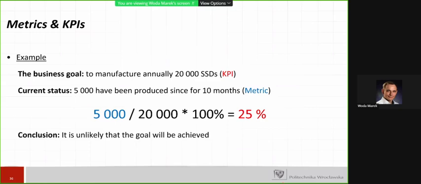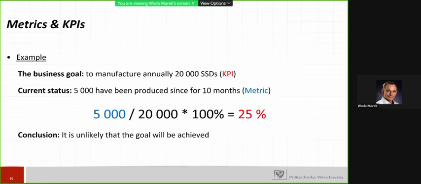So you can see how we can translate the KPI into metrics. Our goal was 20,000 and we have created only 5,000, so we actually met 25% of the key performance indicator.